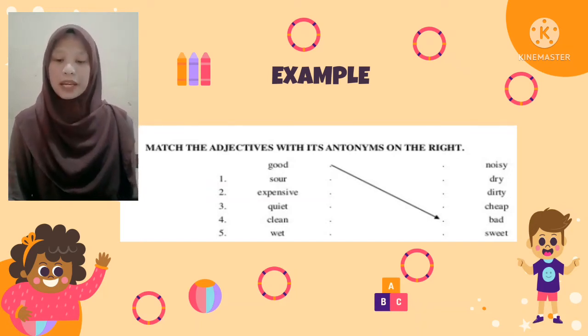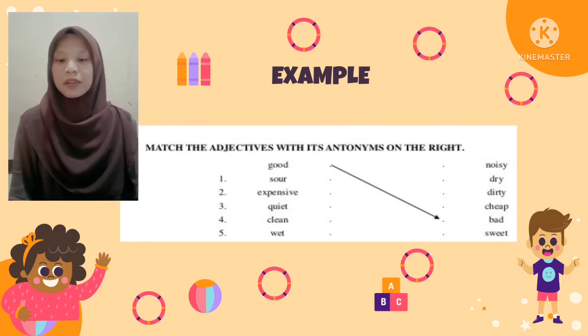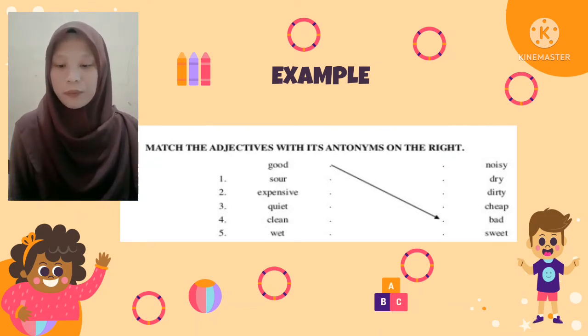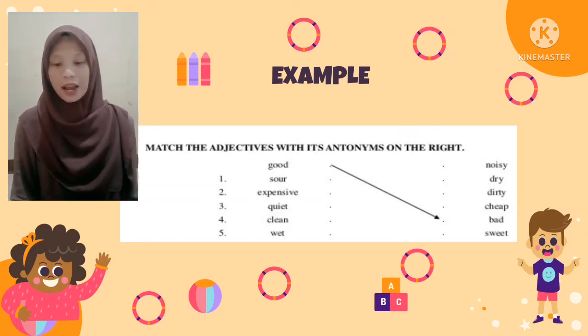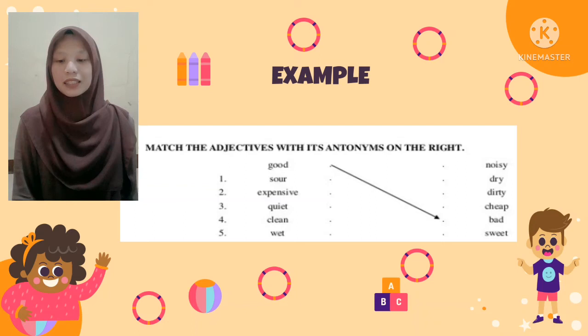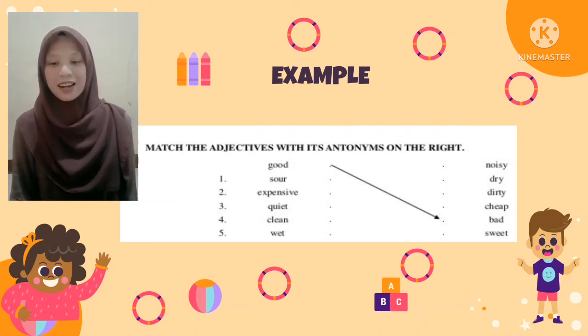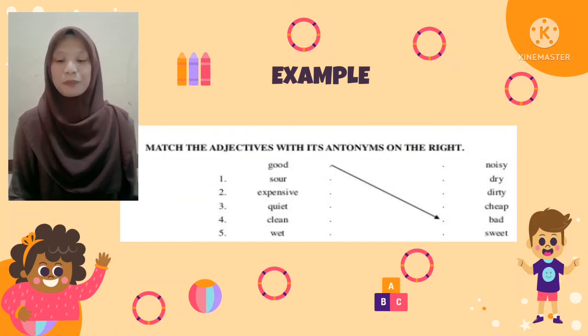We can make a line from wet to the word dry. For expensive, the antonym is cheap. So, we can make a line from expensive to the word cheap, and so on until the question is finished.